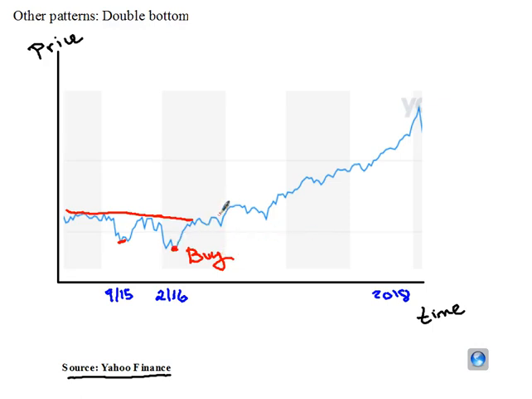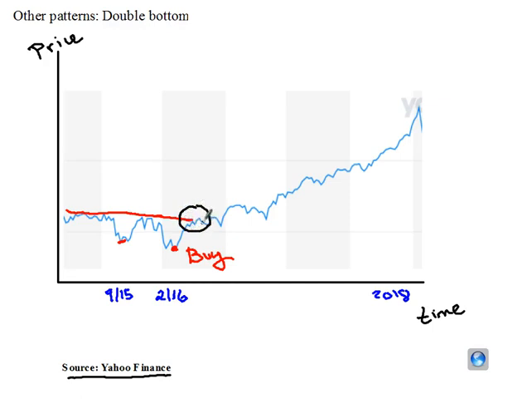Again, the argument these guys would make is that you see this pattern in the market when you look into the past. When you get a double bottom, the market will tend to rally to new highs, which is what we saw happen here. This share price rallied to new highs. So that's the idea of a double bottom. Some of these guys would argue, it depends, that you would not buy until right here.